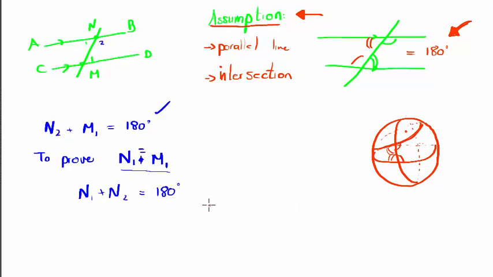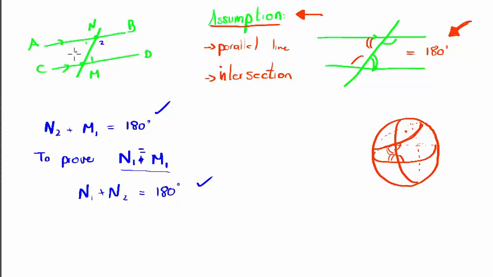I know this is 180. I know this is 180. How can I use these two? If they're true together, why is this true? M1 plus M2 is also equal to 180. You can do it from here already.